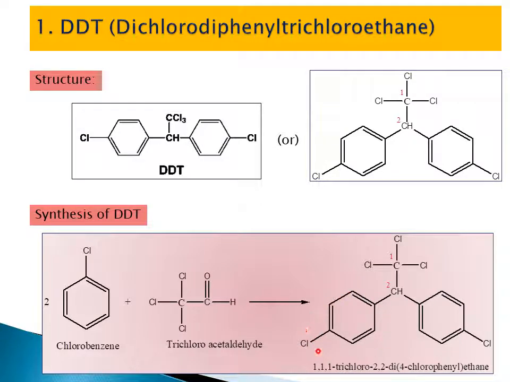How many chlorophenyl rings are there? 2. So we have to mention it 2 times as 2,2 di(4-chlorophenyl), and the parent is ethane. In simple synthesis, chlorobenzene reacts with trichloroacetaldehyde and gives dichloro diphenyl trichloroethane.